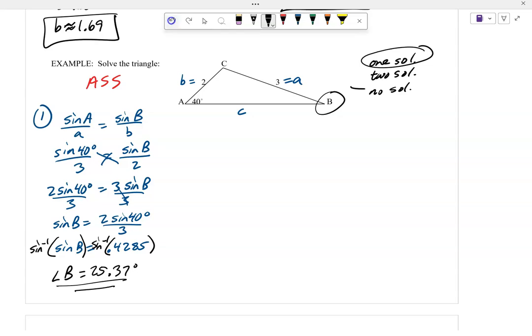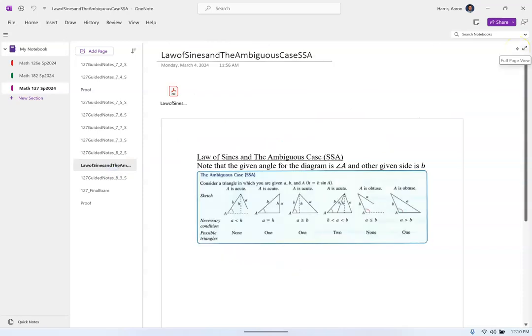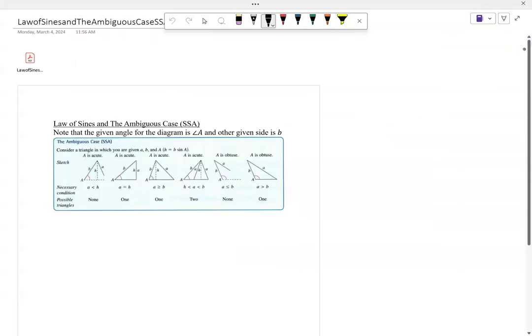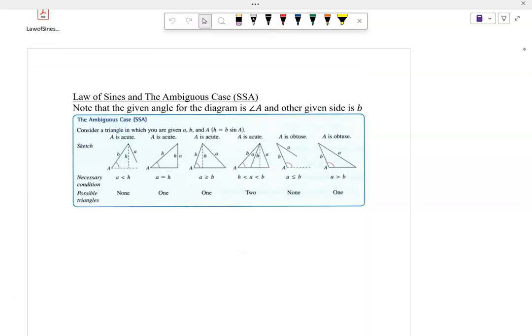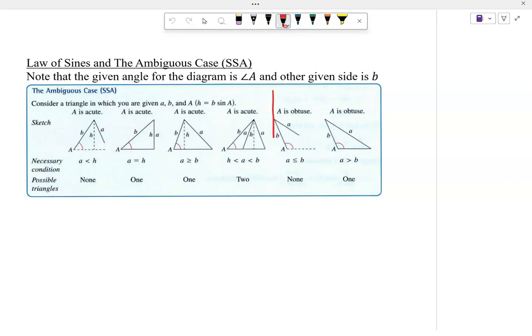Okay. Now, I did attach a handout, and so let me talk about that. This is an appropriate time to talk about this picture here. Okay, if you want to use this, you can. You don't necessarily have to walk through with it. But our given angle was acute. The given angle is angle A here.